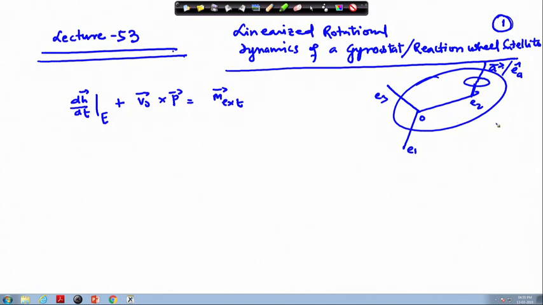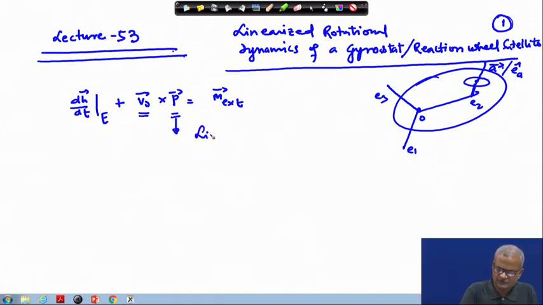Here V0 is the velocity of this point, and P is the linear momentum of the whole system.